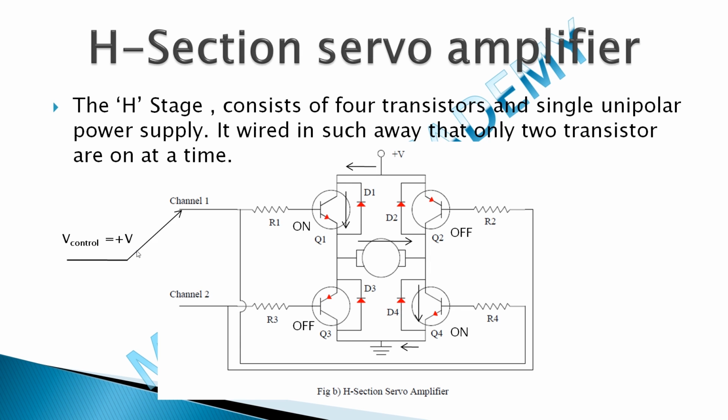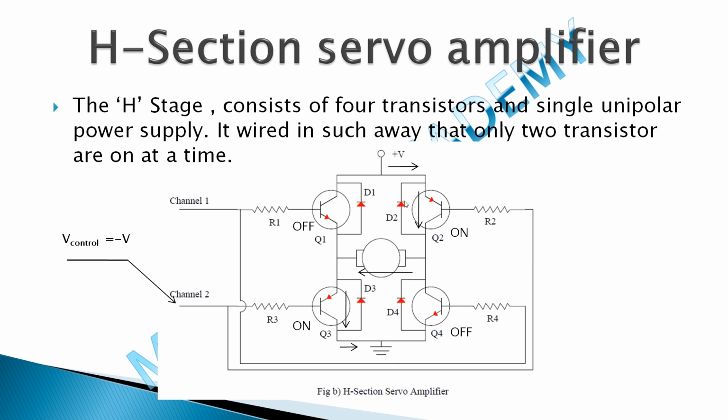Now suppose instead of positive, I'm supplying the negative voltage to channel 2. Now Q3 and Q2 will be on, Q1 and Q4 will be off. As Q3 and Q2 are on, the current is flowing across these transistors, and as Q1 and Q4 are off, it is open, so the current cannot pass across them.